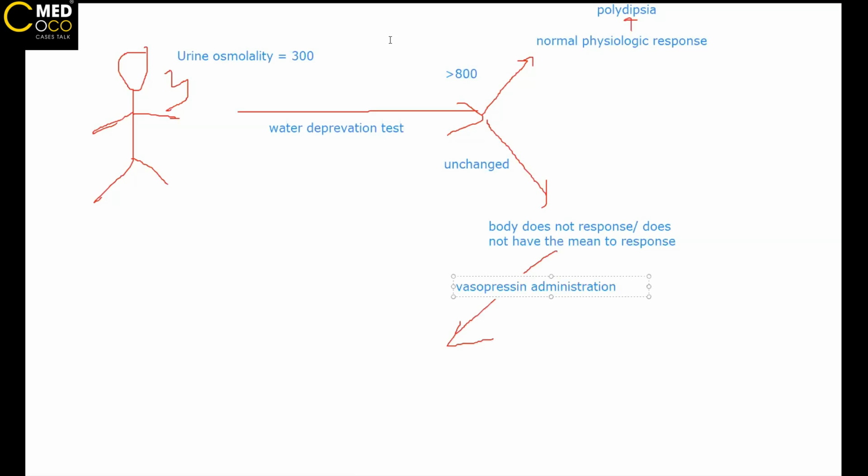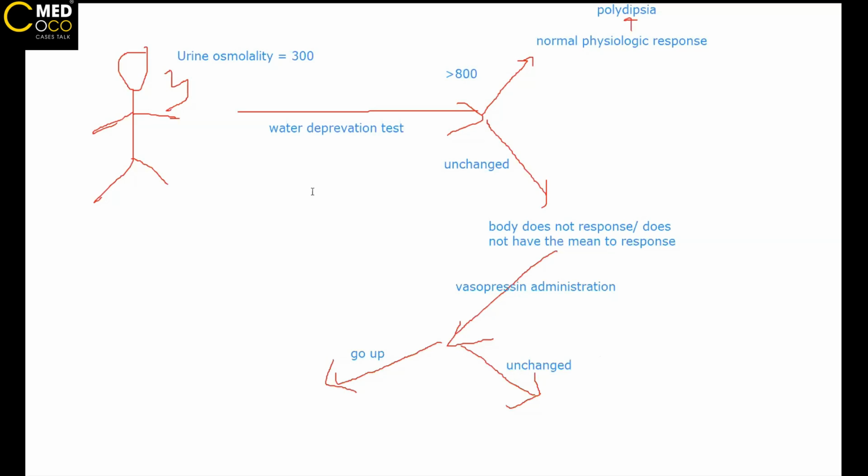Now, there are also two things that can happen after the vasopressin. Okay, if it goes up, the osmolality, we still talk about urine osmolality, will go down. Technically unchanged, sorry, not go down, unchanged.